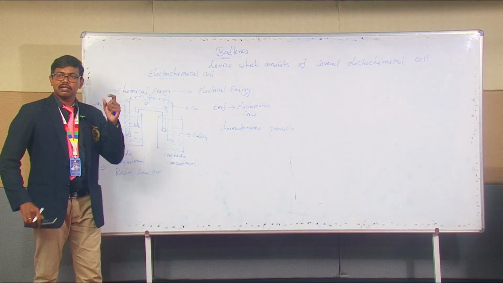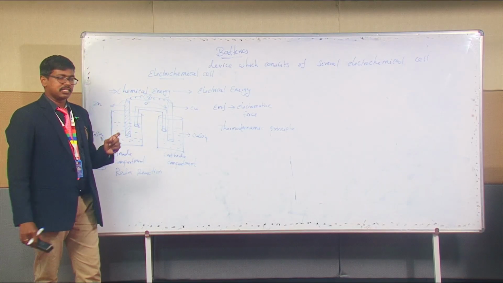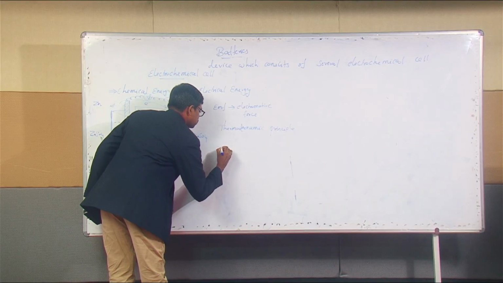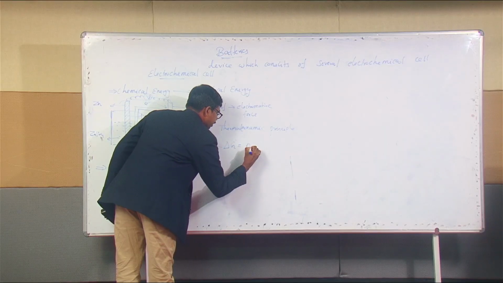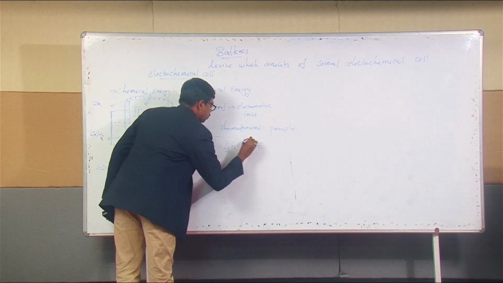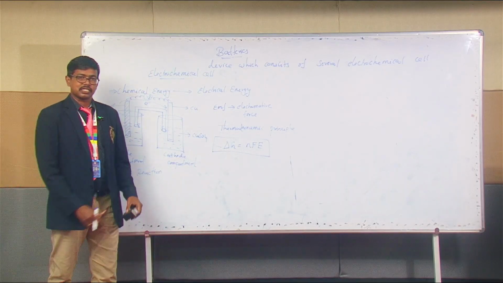Any spontaneous chemical reaction shows a decrease in free energy. This free energy corresponds to producing EMF, so ΔG = -nFE. This is a thermodynamic principle that works in the electrochemical cell.